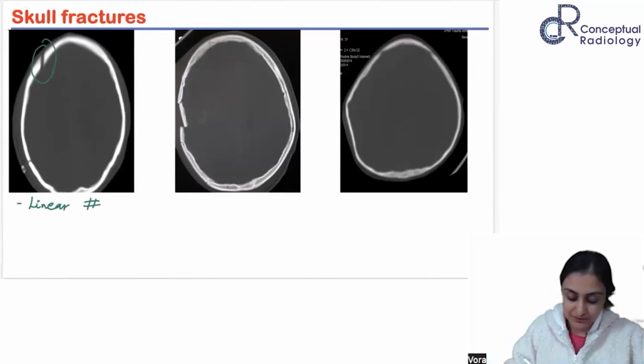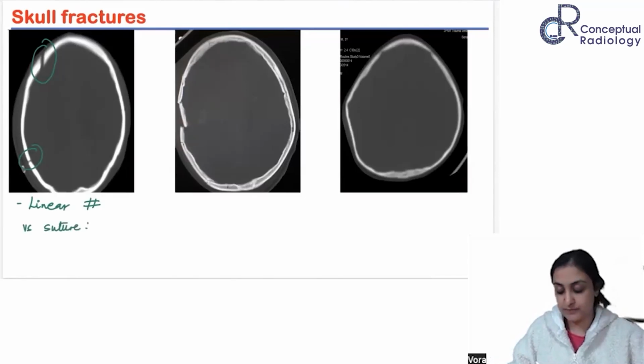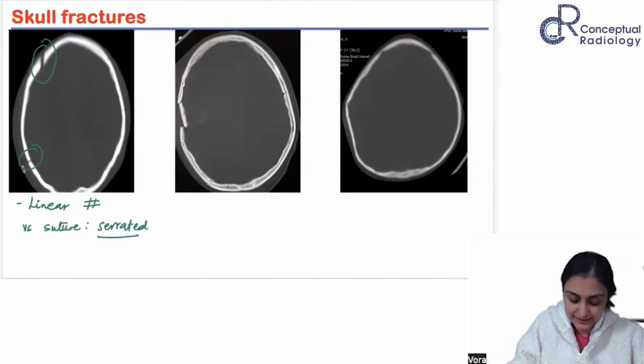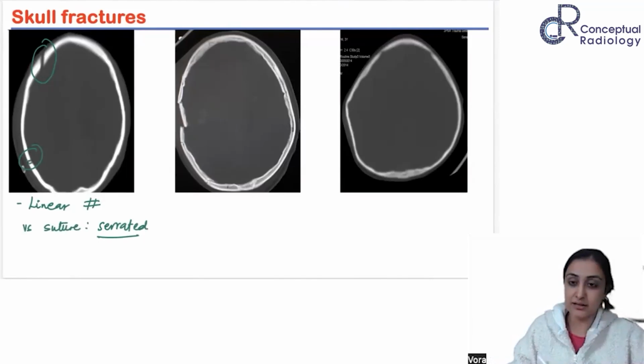Can somebody tell me why this is a fracture and not a suture? What is the difference between a linear fracture and a suture line, which is not fused? Yes, the margins are serrated. The sutures are going to be serrated in margins; if you look closely, these are going to be uneven.